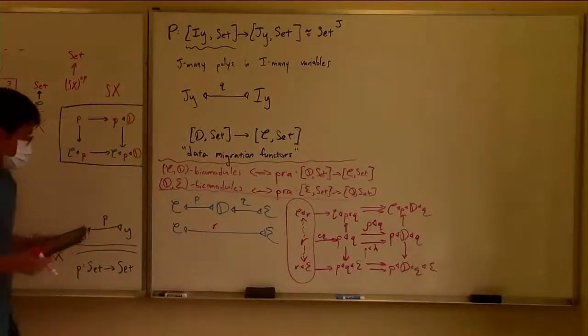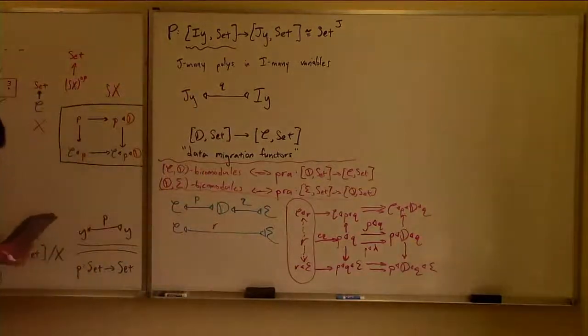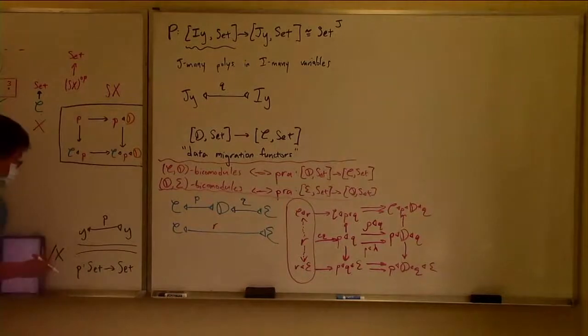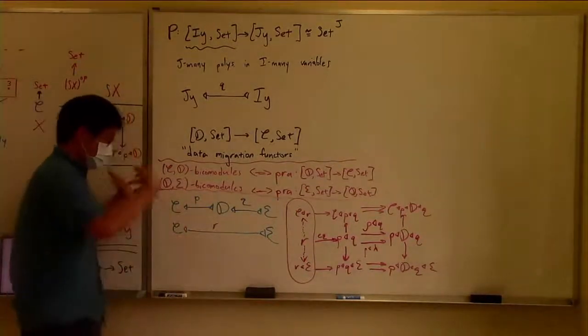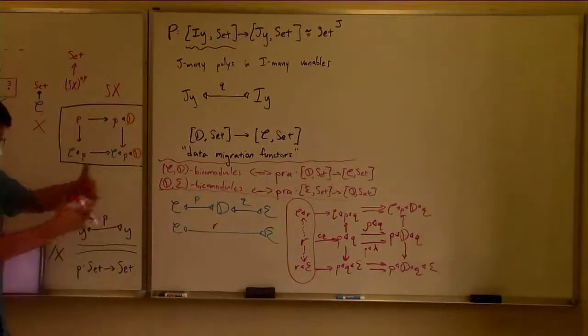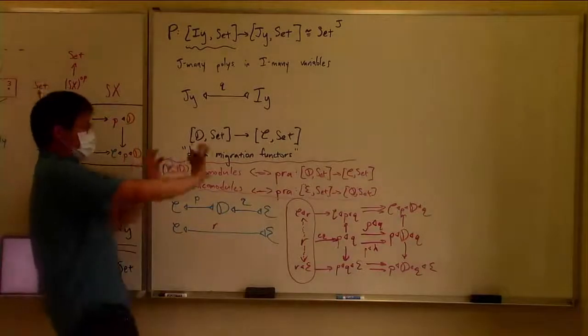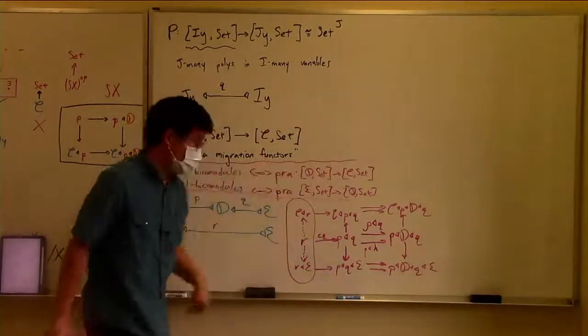Now, this is nice diagrammatically, but it's a pain to do in practice. But what we hope is true is that this way of composing bicomodules, that you can do diagrammatically, is actually going to coincide with our composition of parametric right adjoints.